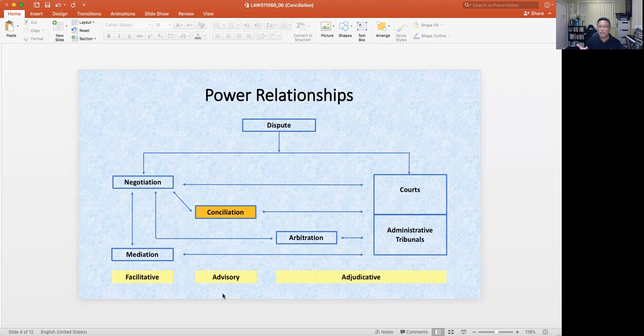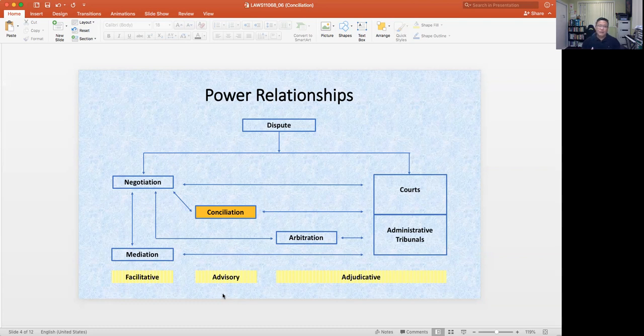In relation to conciliation, however, it becomes more advisory, so that we might even say that the focus of conciliation really is to advise the parties as to what the law is and what the relevant legal rights and legal positions are, in order to forewarn them that if they persist in seeking a legal outcome based on a determination or an adjudication by the court or an administrative tribunal, it may not be an outcome that they will be happy with.